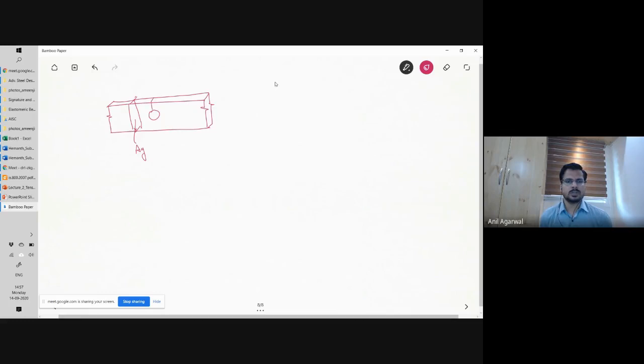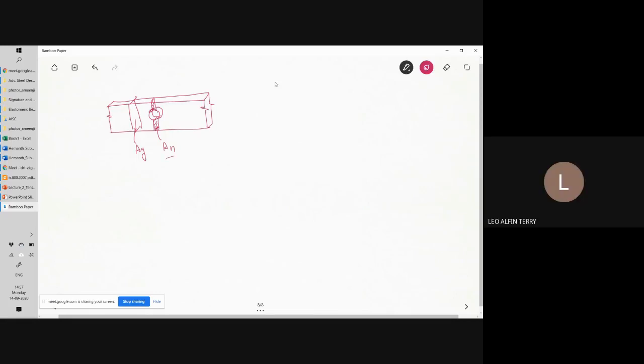But if I take the cross section here, then this cross section, which is excluding the area of the hole, will be called A net. You follow? Yes, sir.